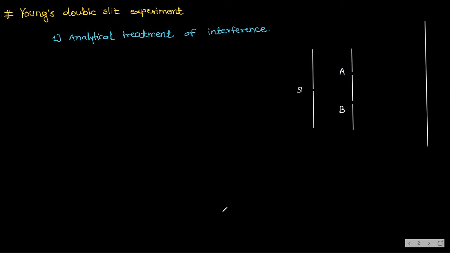Then what happens? At some point, let us suppose P, from this point the light reaches this point on the screen. This is P.